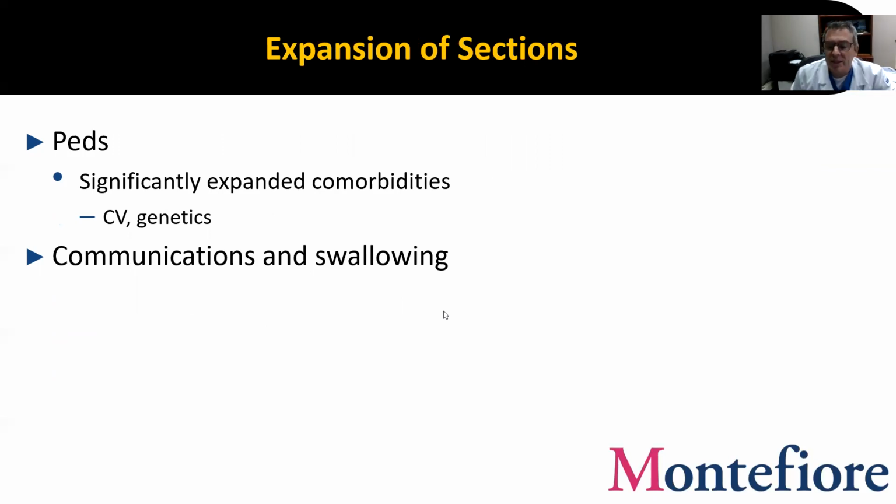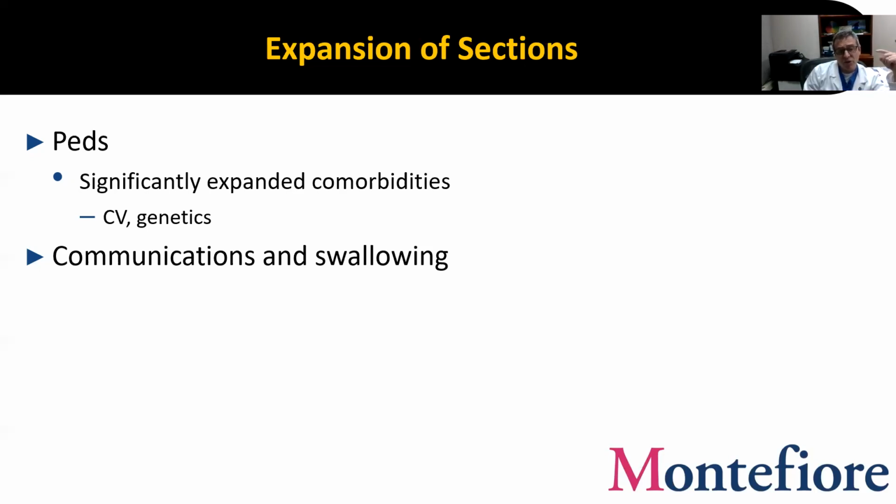And then the content has also changed. We significantly expanded a number of sections. We expanded the pediatric section, and the comorbidity section is highly expanded, the cardiovascular part, the genetic part, and this is all due to feedback that we got. People said that we want more data for the peds part, not necessarily for the adults part, but the pediatricians said that this stuff is important and it's useful, and because of that, it's greatly expanded.